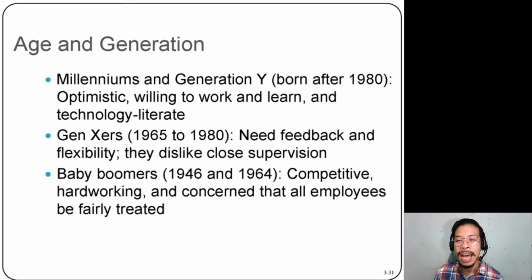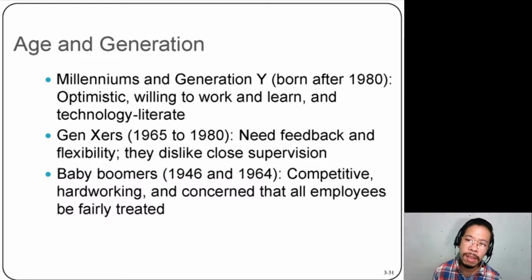It's like a fruit salad. So we have here the millennials, or Generation Y. They are born from the 1980s to 1994. Yeah, they are the millennials or the Generation Y.